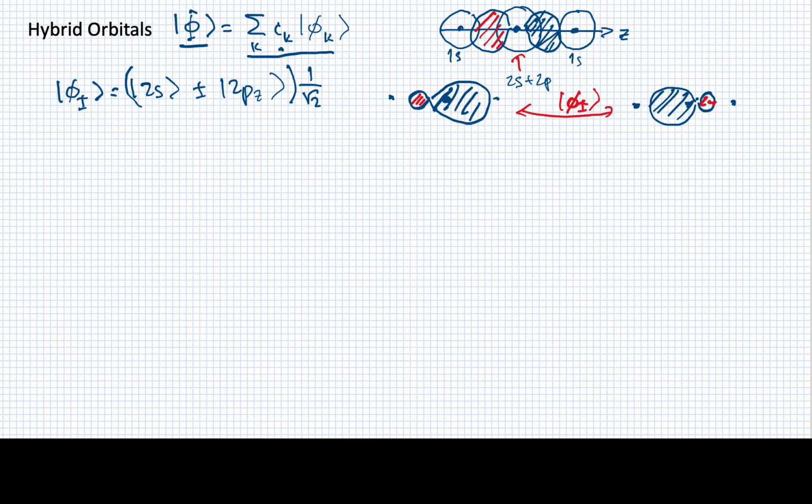Well, I hope you recognize that what we've done here is essentially create something that we know of from general or organic chemistry as a hybrid orbital. So let's define a hybrid orbital.